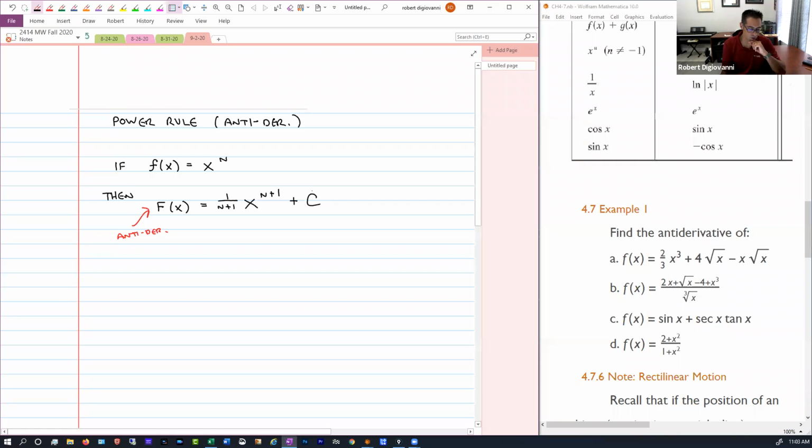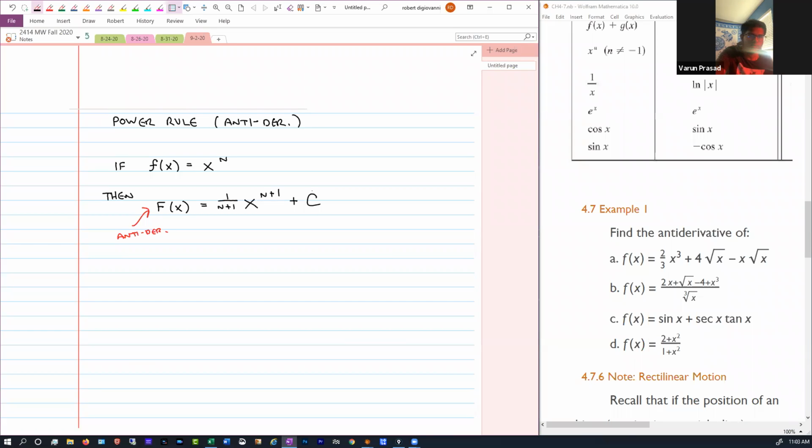Now, this is true almost always. There's one case where, if we pick a certain n, then it won't work. Can somebody tell me what n this wouldn't work for? And maybe why?